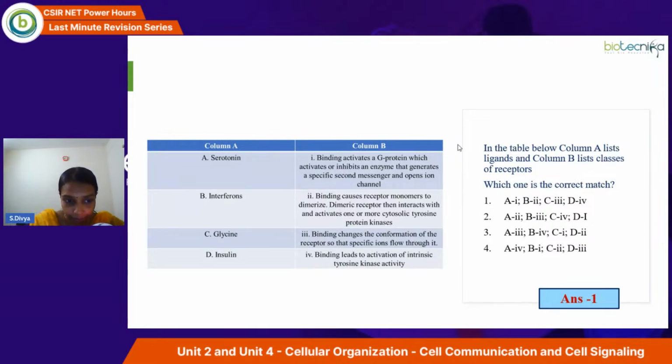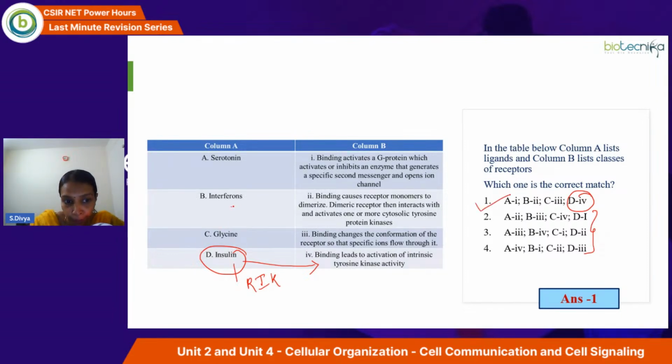How? First, take one thing confident inside. You know that insulin is an example of receptor with intrinsic kinase activity. So you can blindly say this is the answer. So if you got D as 4, there is no competition over here. You can easily click on option 1.